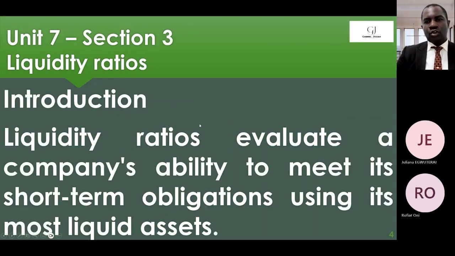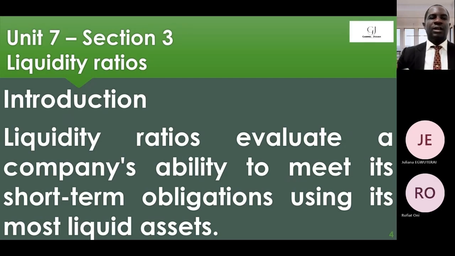Okay, so by way of introduction, liquidity ratios evaluate a company's ability to meet short-term obligations. So short-term, talking about day-to-day transactions, 24 hours, 7 days a week, 4 weeks for a month. So maximum a month. We're looking at liquidity for day-to-day operations.